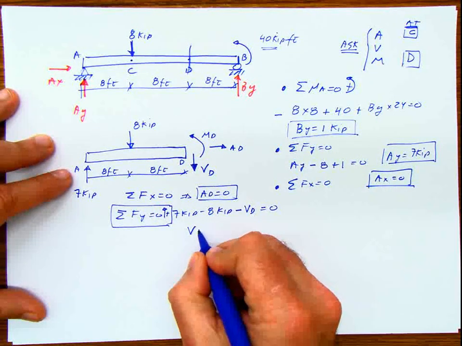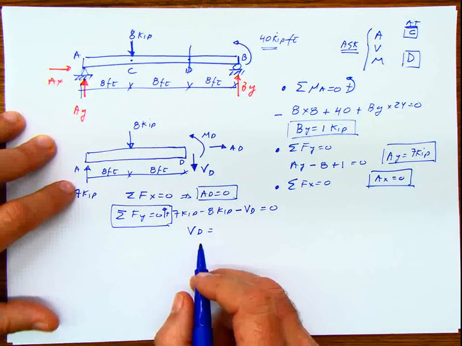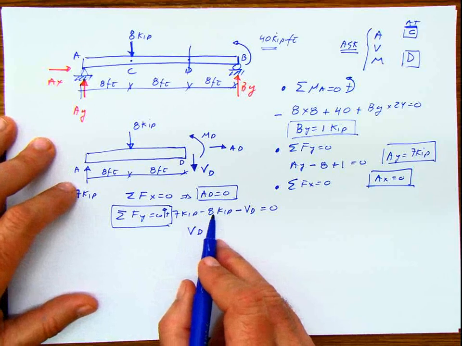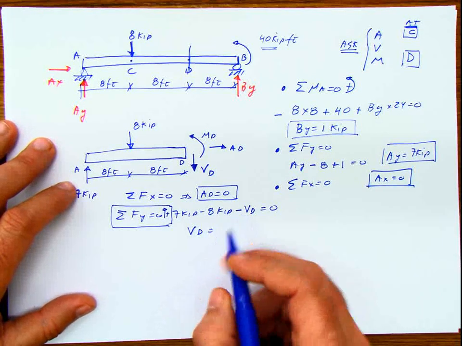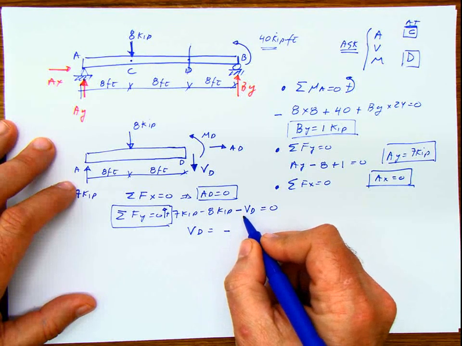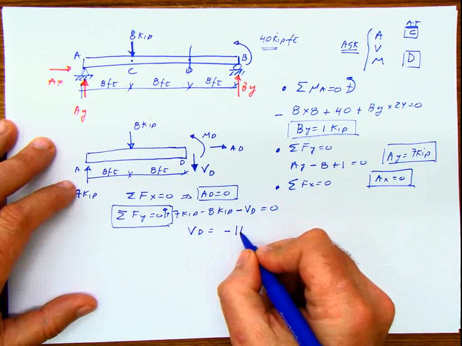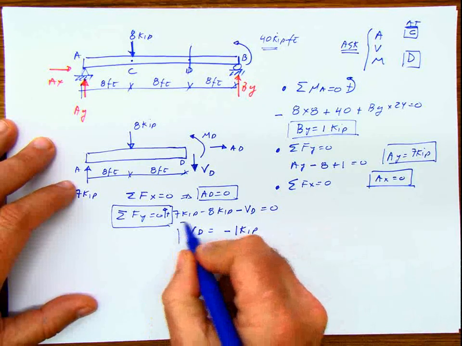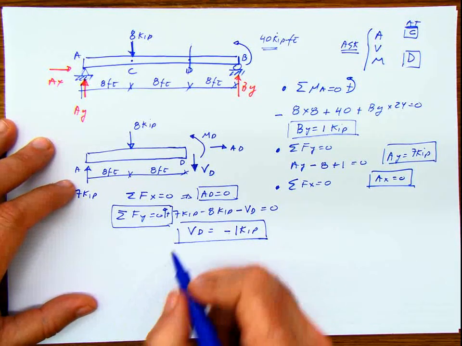But the important part is this. VD, when I do that, it's going to be what? 7 minus 8 is -1, correct? So I'm going to have -1, but when I pass this to the other side, it's going to be -1. That's important. Why?